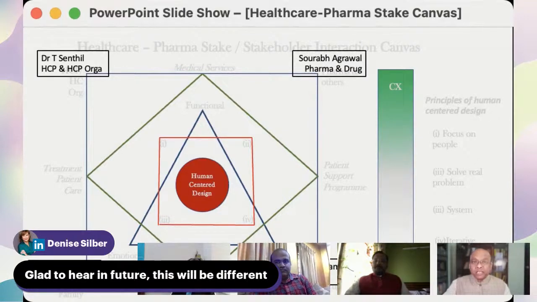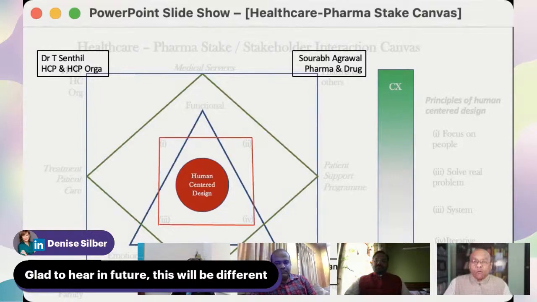I have been in his forum in 2019. He had done a 2-day big conference, and he had invited me as a speaker on patient experience. So he is a leader himself, more than a doctor. He is a leader who understands the needs of the patient as well as the needs of the healthcare professionals.